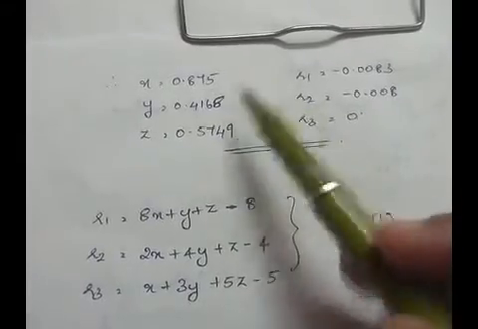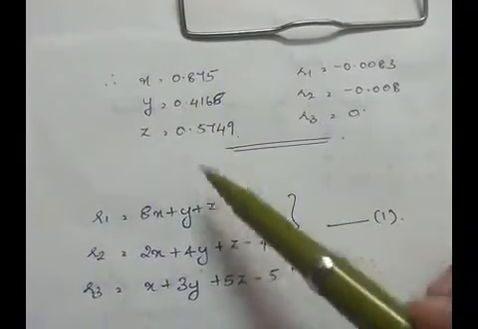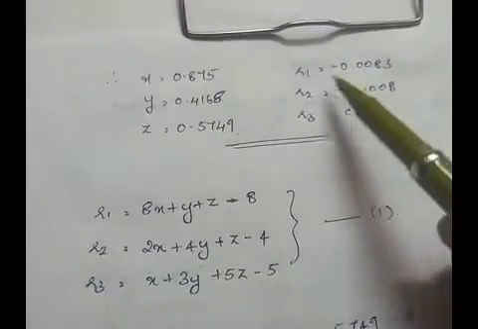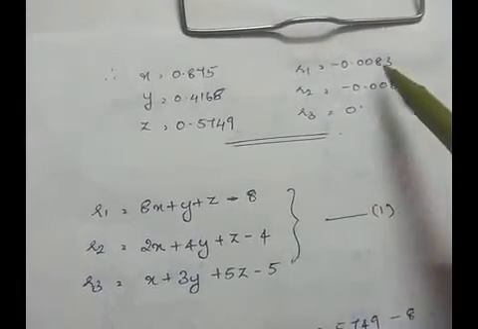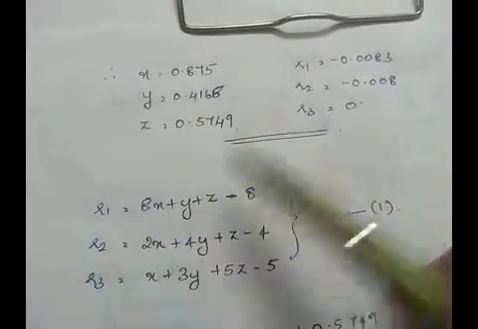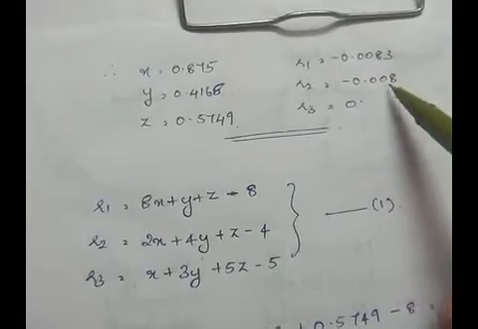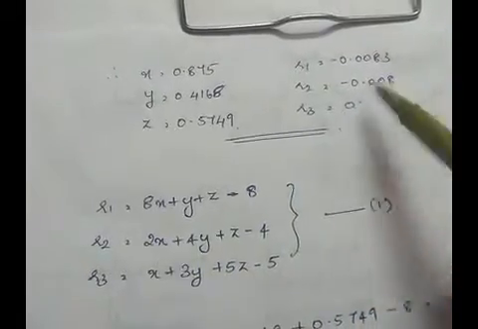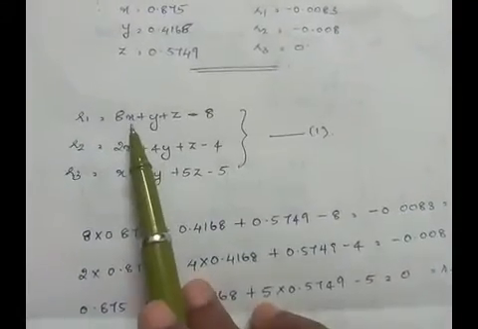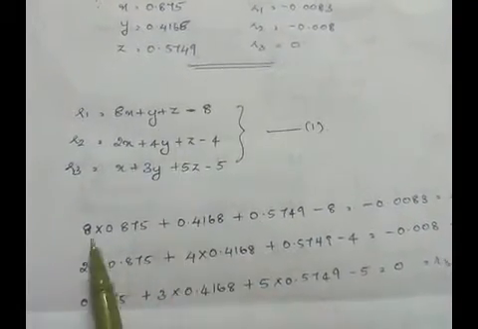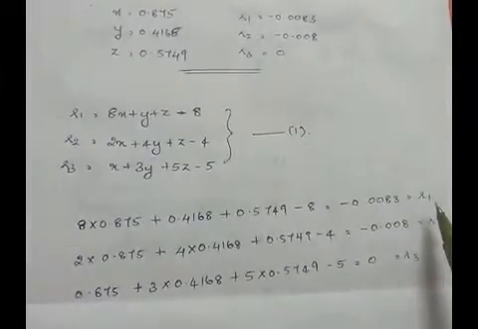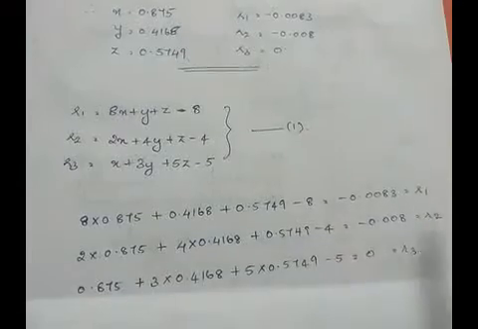By substituting the values of x, y, z in equation 1, you will get the same values: minus 0.0083 for R1, 0.008 for R2 and 0 for R3. After substituting the values of x, y, z in the first equation, we get the value which is the same as the R1 which we obtained in the procedure table.